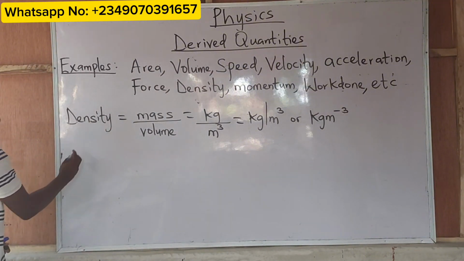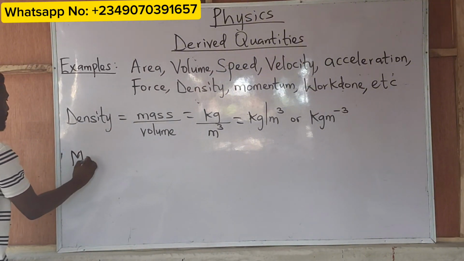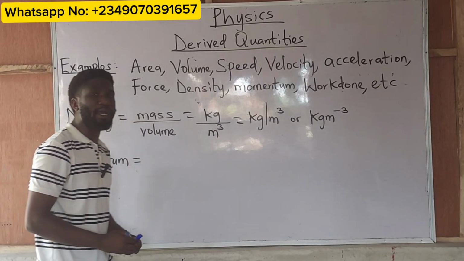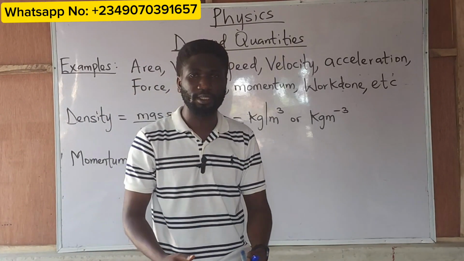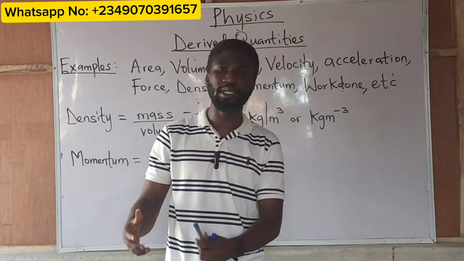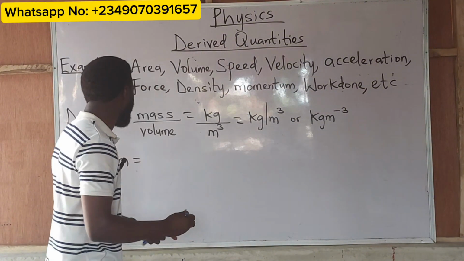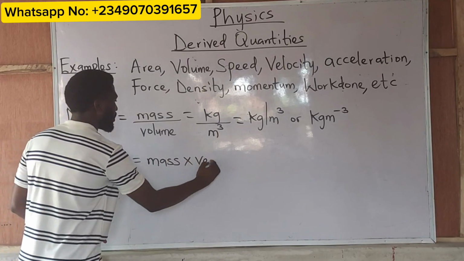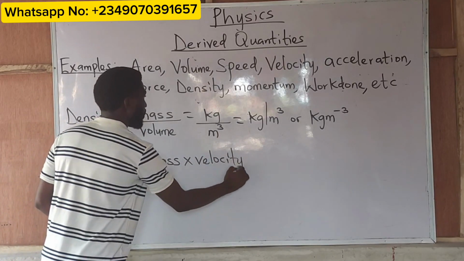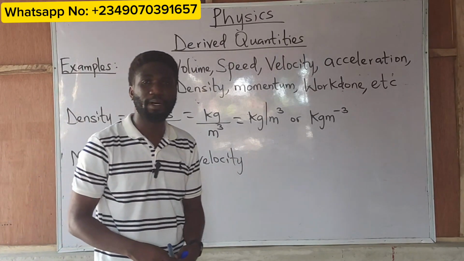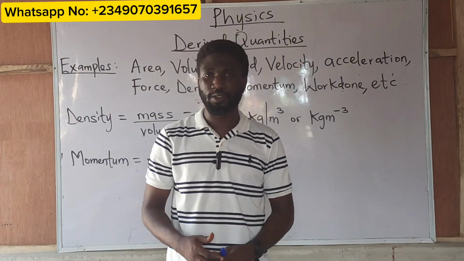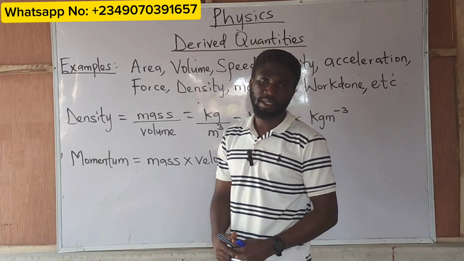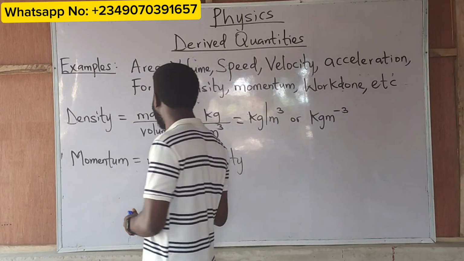The next thing there is what we call the momentum. Momentum also has its own formula. And what is the formula for momentum? The formula for momentum is said to be mass multiplied by velocity. So class, mass is a fundamental quantity, and the unit of mass is kilogram.